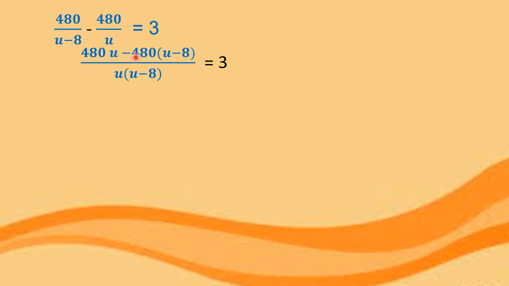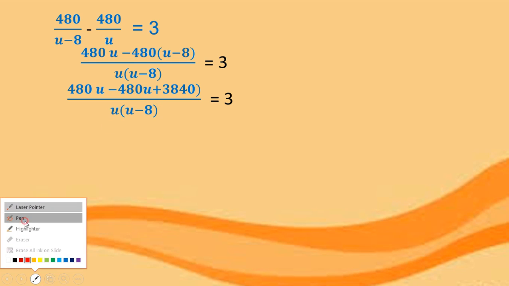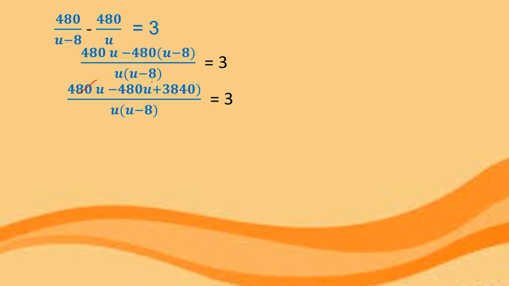Now solving the numerators, we get 480u minus 480u plus 480 into 8, as minus becomes plus. So 3840 upon u into u minus 8 is equal to 3. The terms 480u and minus 480u cancel out.